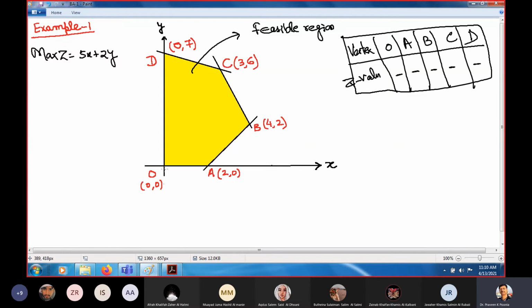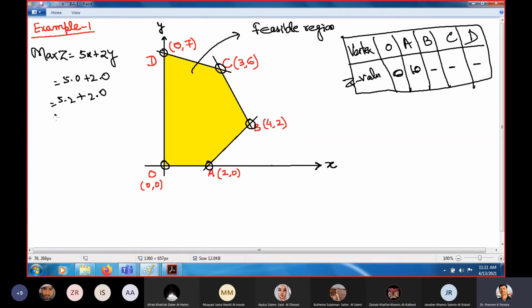How many corners? Corner 1, corner 2, corner 3, corner 4 and corner 5. These are the 5 corners. So first one, O: 5 into 0 plus 2 into 0, the answer is 0. A: 5 into 2 plus 2 into 0, it is 10.